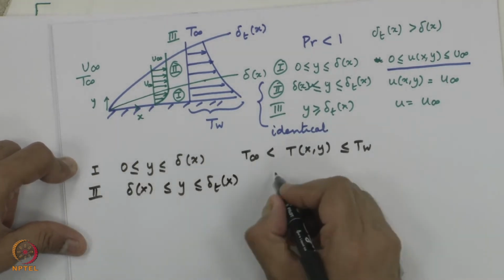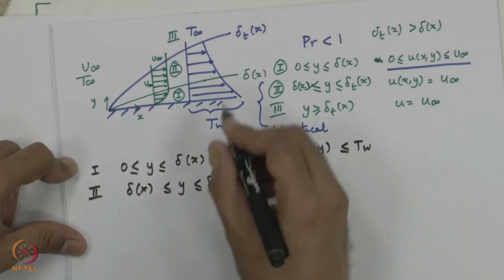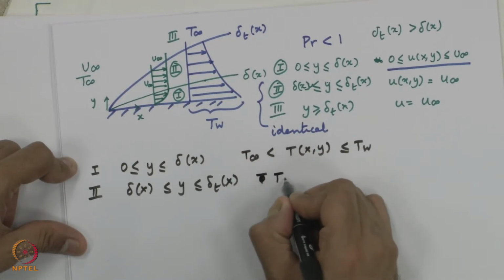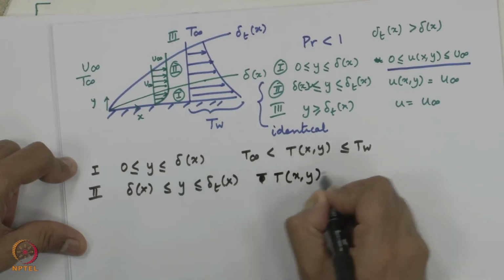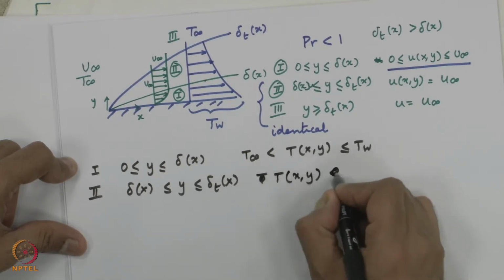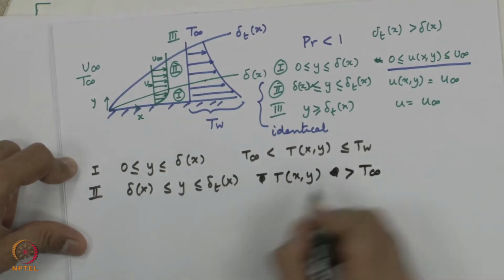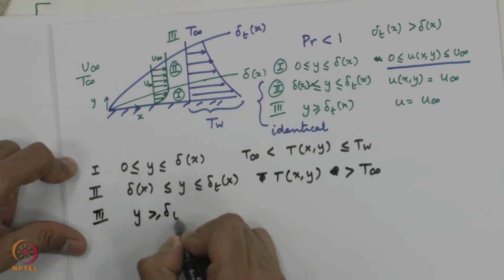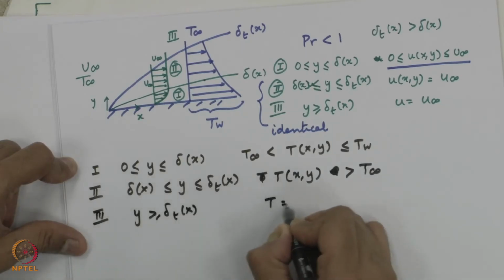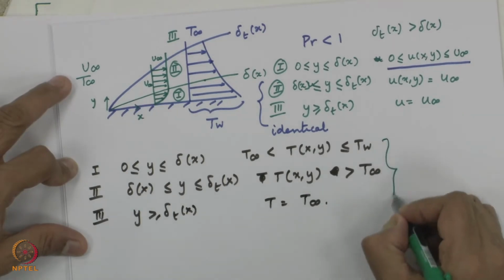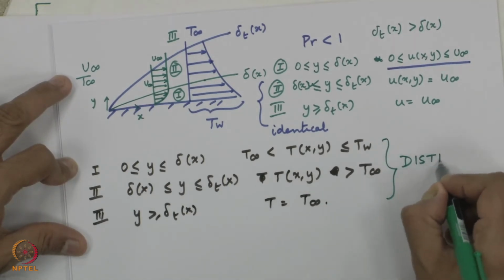T is still varying. So, we are in this middle where T of x comma y is still greater than T infinity. And finally, in region 3, y greater than delta T of x, T equals T infinity. So, all three regions are distinct.